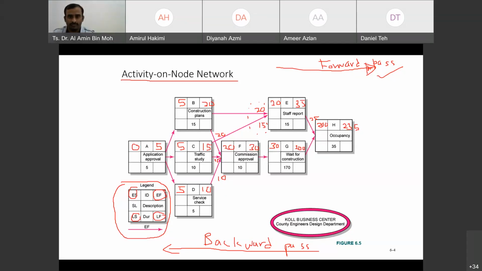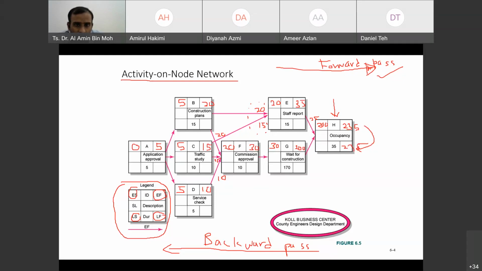We start with H, and the 235 will be the late finish for G and E, and so on. When we calculate, we get our late start. So here we are going to start with H, right? The early finish of H is going to be used as the late finish.